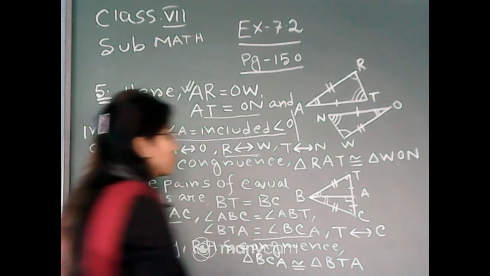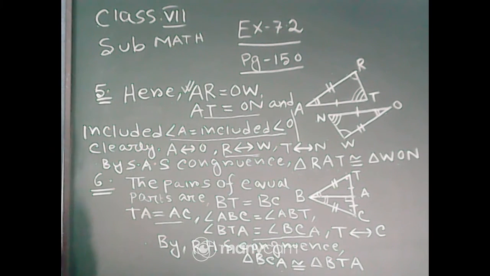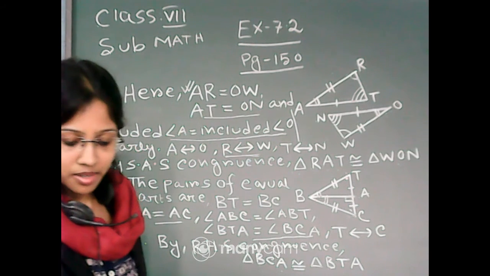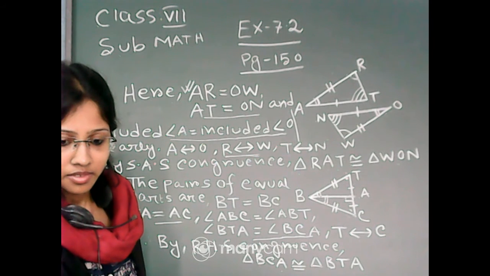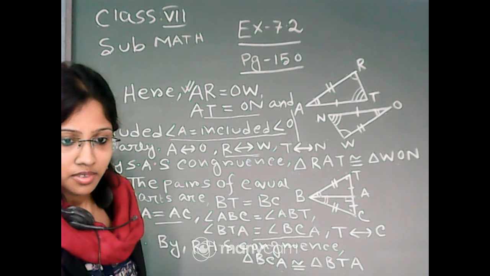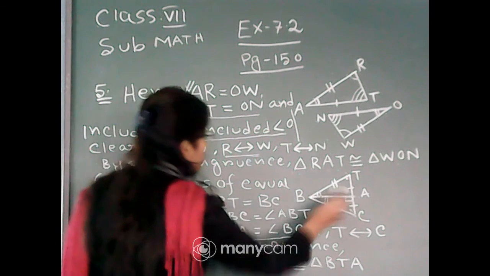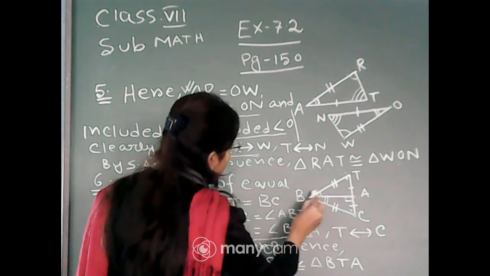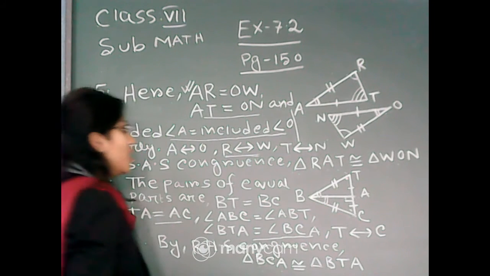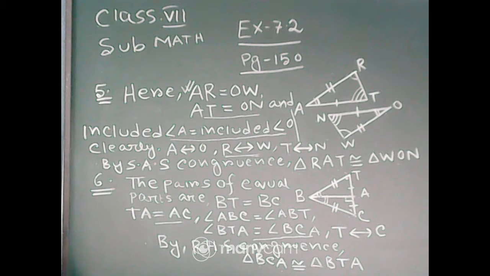Again I repeat, here ABT and ABC are two right angled triangles, and also hypotenuse BT of the triangle ABT is equal to hypotenuse BC of the triangle ABC.